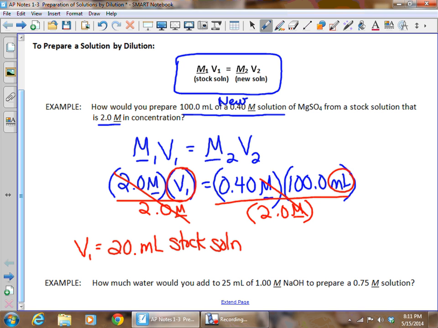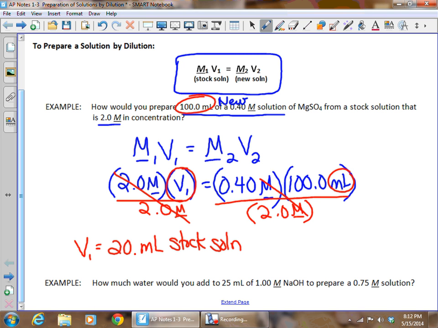You can say it one of two ways, and both are totally correct. You can say that I want to have 20 milliliters of stock solution diluted with 80 milliliters of water, so I can get it to a total of 100 milliliters. I prefer not to do that subtraction, because on an AP test we're liable to do something stupid and subtract wrong on something really simple like this.